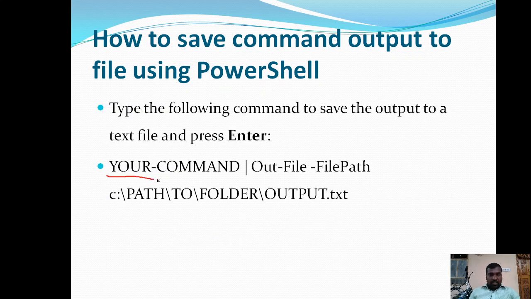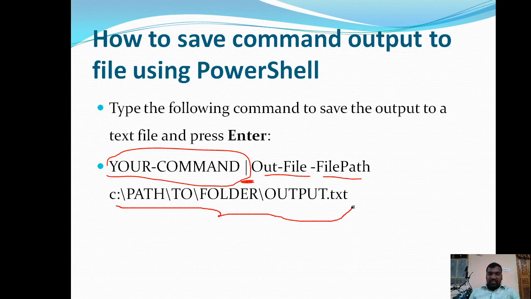Type your command followed by the pipe symbol. As I already told you, the pipe symbol is important for executing more than one command in the command prompt. Now Out-File, then -FilePath, then type the path of the file along with the file name.